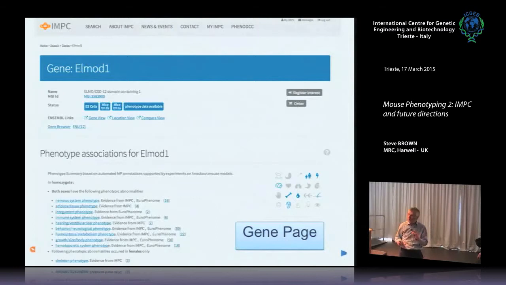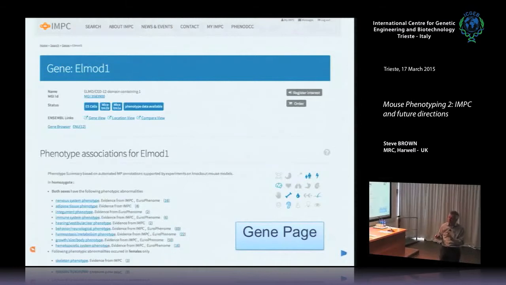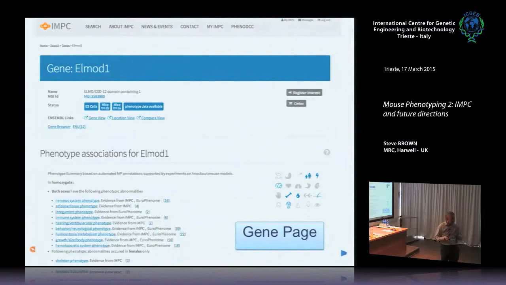It had no PubMed hits, and I'm going to come back to this gene later on. But you can already see that if you do a search on LMOD1, it tells you that phenotype data is available, and it summarizes all of the phenotype data down here. I'll come back to this later on, but you can see there's a whole slew of very significant phenotype hits for this gene, which had never been looked at before. I'll come back to that a bit later on to tell you a bit more about it.